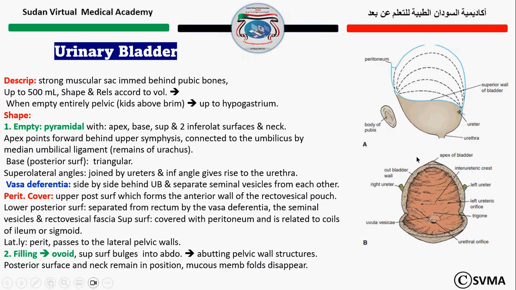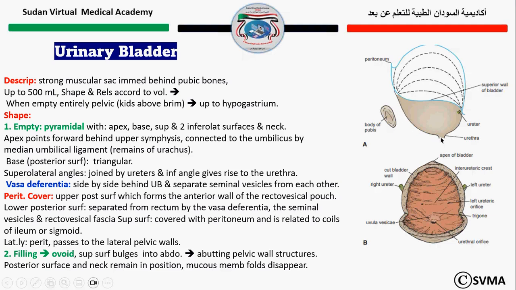I want somebody to tell me about the 6 parts of the bladder. You have to do some interaction in this lecture. Tijani: Apex, base, neck, superior surface, and 2 infralateral surfaces. These are the 6 parts of the bladder. The apex is the part behind the pubic bone.